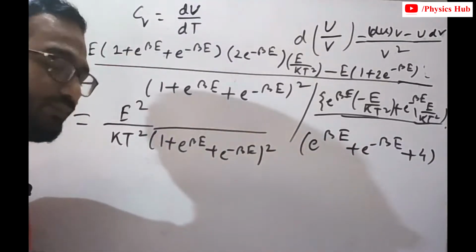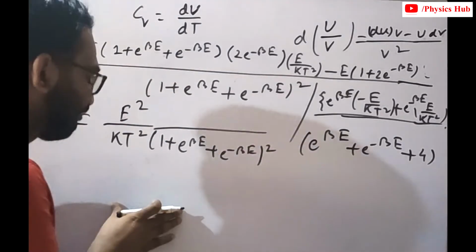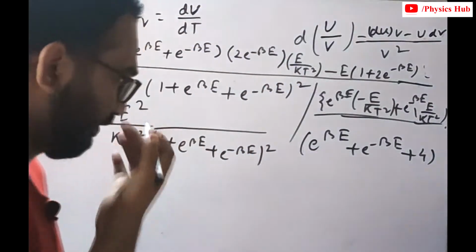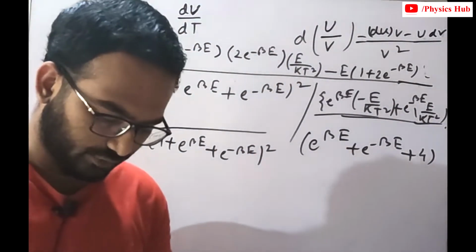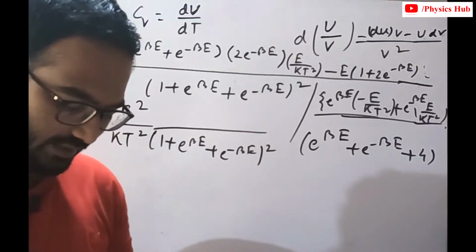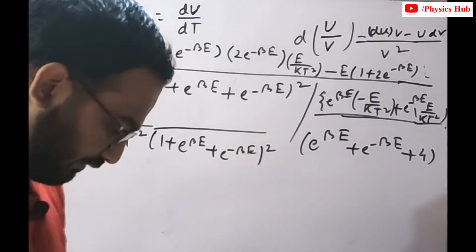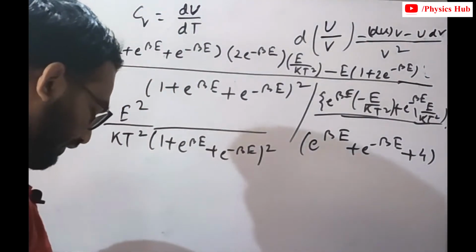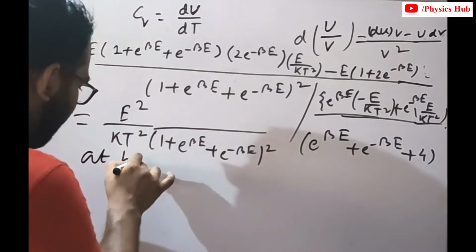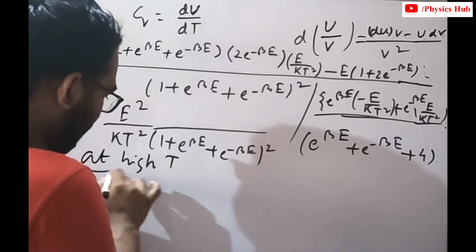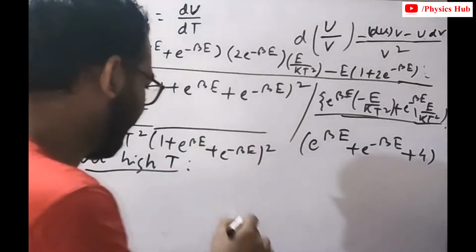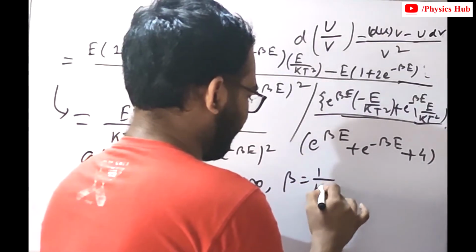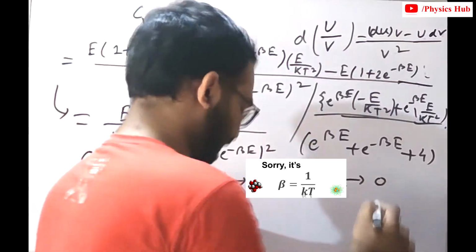Okay, now we have to predict the curve from this expression of Cv. In the question you are given 4 options. So let's check the behavior of Cv at high temperatures. At high temperature, T is infinity, so beta, that means 1 by kT, tends to 0.